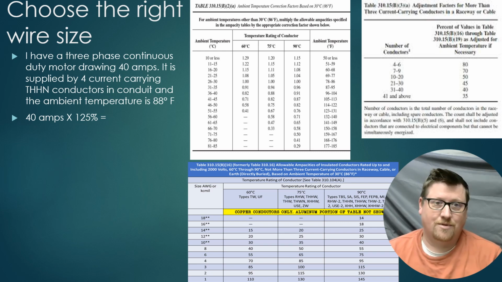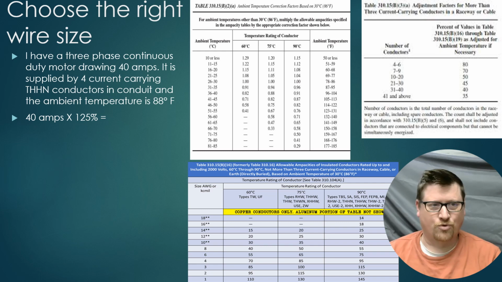There are a couple of other factors we'll talk about later that could adjust these, after we've already chosen our wire size. We may have to look at voltage drop if we've got a long run. But for now, this gets us all of the things we're talking about today.